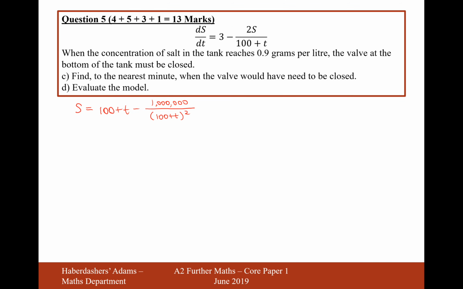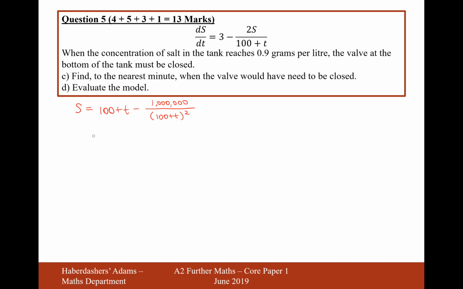So, when the concentration of salt in the tank reaches 0.9 grams per litre, the valve at the bottom of the tank must be closed. Part C is find to the nearest minute when the valve would need to be closed. So, what we have here is a concentration of 0.9. What a concentration means is the amount of salt divided by the amount of water in the tank.